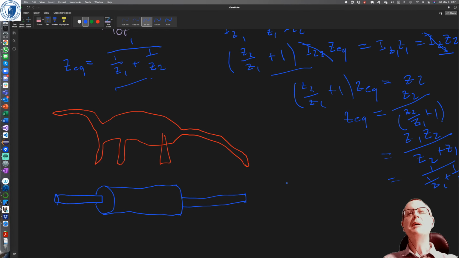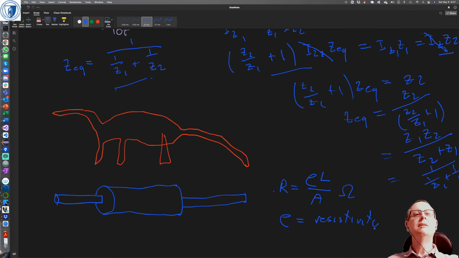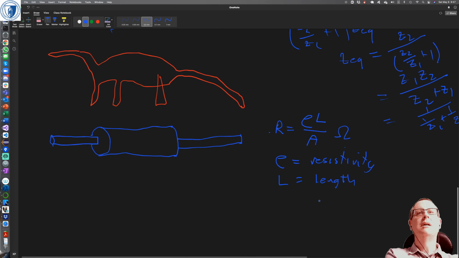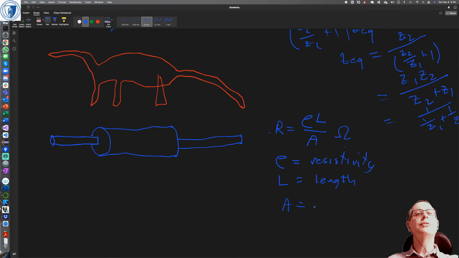Okay, and remember the resistance of any of those is equal to rho L on A, where that's in ohms. So rho is the material property of resistivity. L is the length, and A is the cross-sectional area.